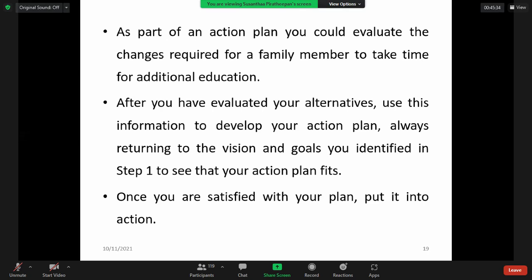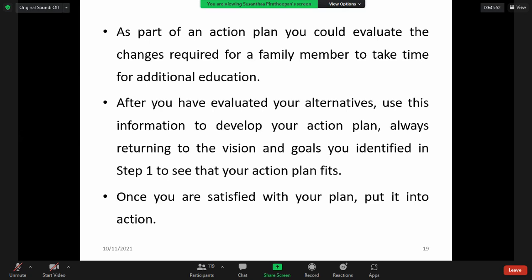After evaluating those alternatives and using this information, you can develop a good action plan, and you can always return to your vision and goals to identify whether those action plans fit your goals.